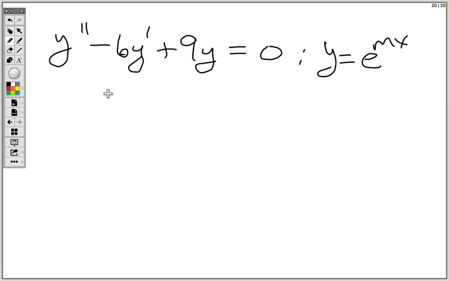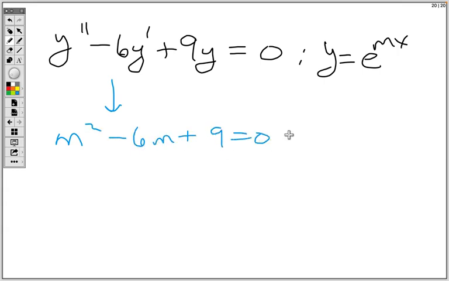What's the auxiliary equation or ancillary equation going to be? What's the equation in m's we have to solve for this one? Yep, m squared minus 6m plus 9. Very good.